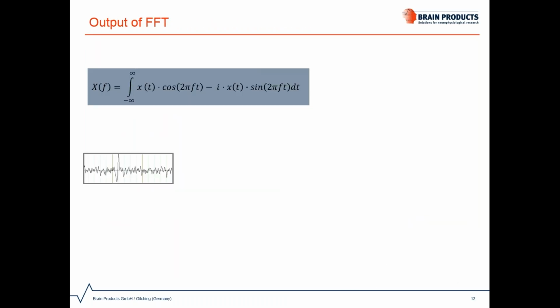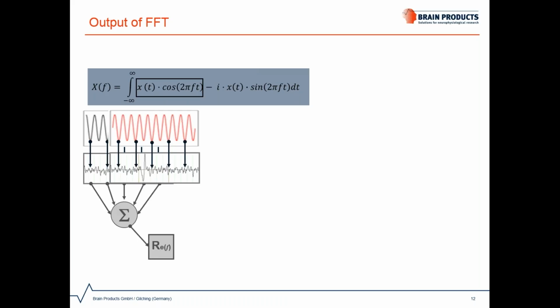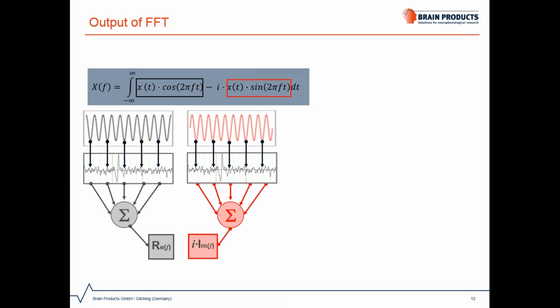When we apply Fourier transform on our EEG signal, it will correlate or multiply it with the complex sinusoidal function, once with the cosine function that makes up the real part, and once with the sine function that makes up the imaginary part.